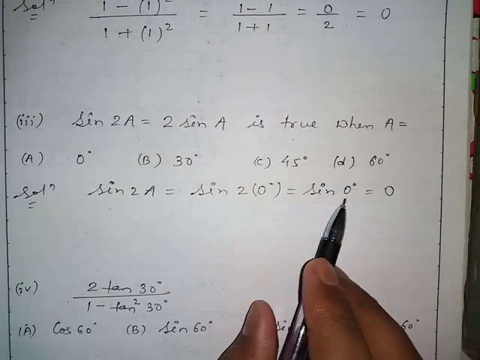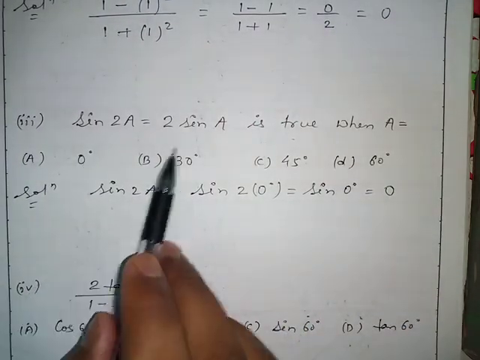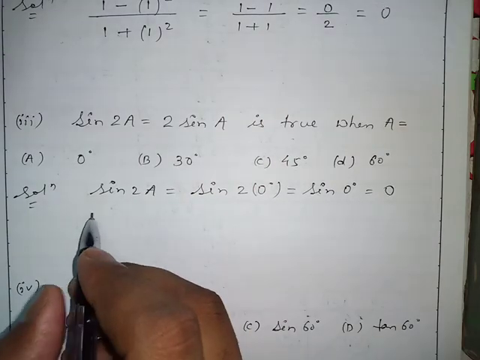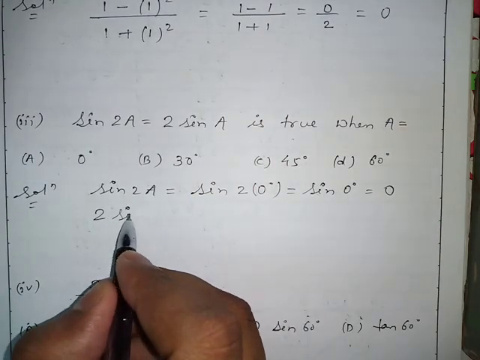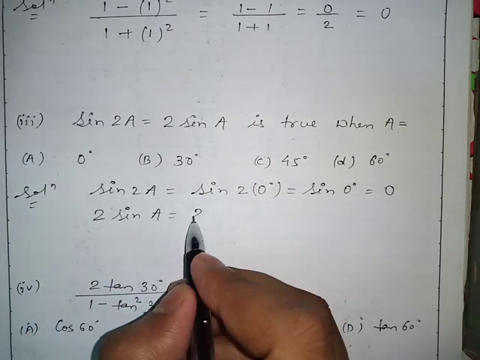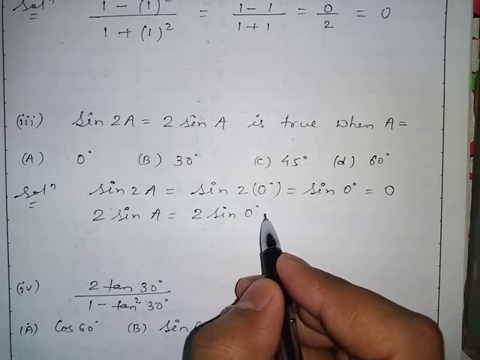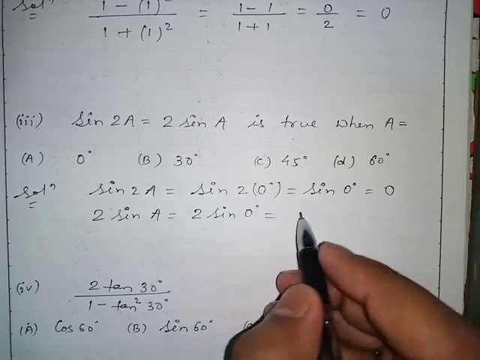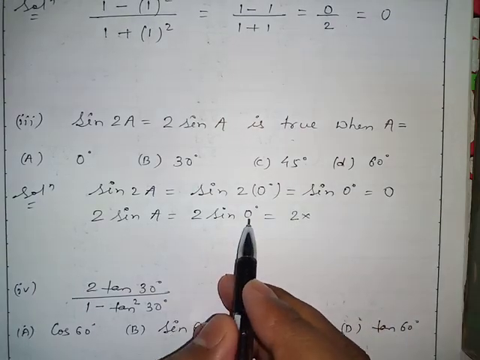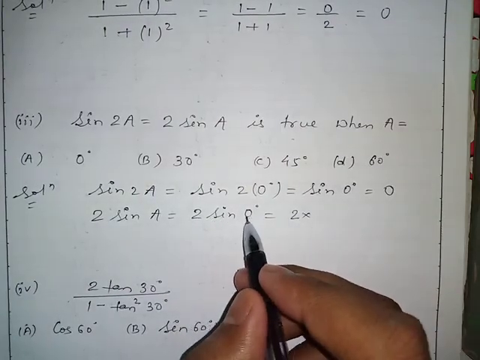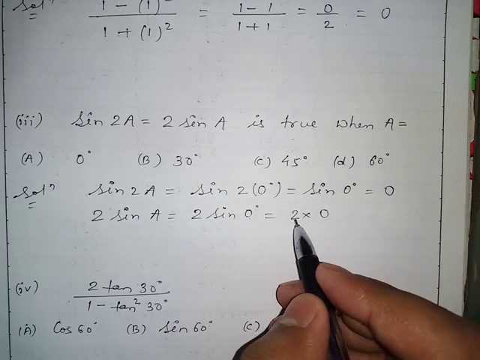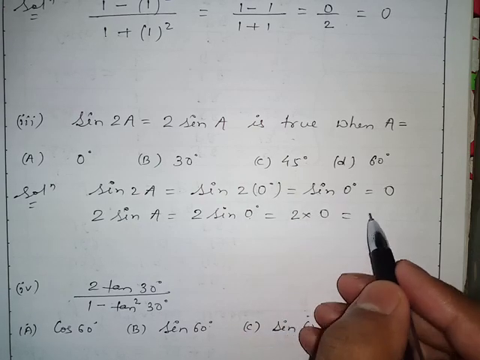The value of sine 0 is 0. Again, this 0 degree you will put in the RHS part. So our RHS part is 2 sine a, that is equal to 2 sine 0 degree. So 2 into sine 0, the value of sine 0 degree is 0. So this is 2 into 0, that is 0.